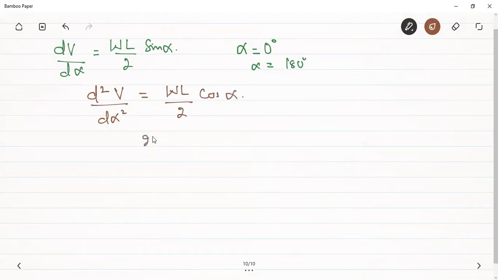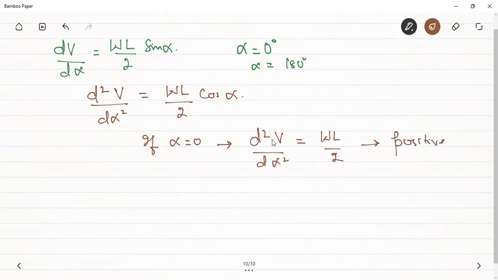Now if I substitute alpha to be 0, I will get that d square V by d alpha square will be equal to WL by 2, because cos 0 is 1. Okay, so this term is positive.